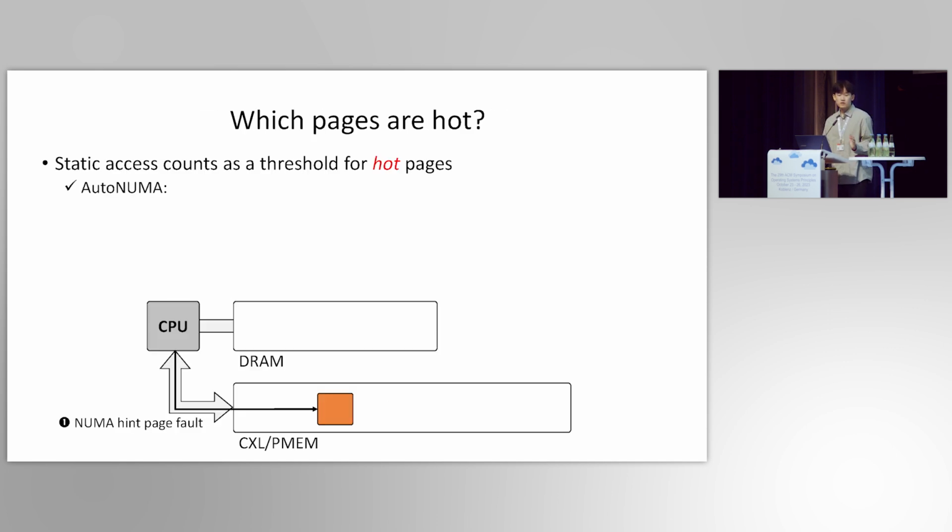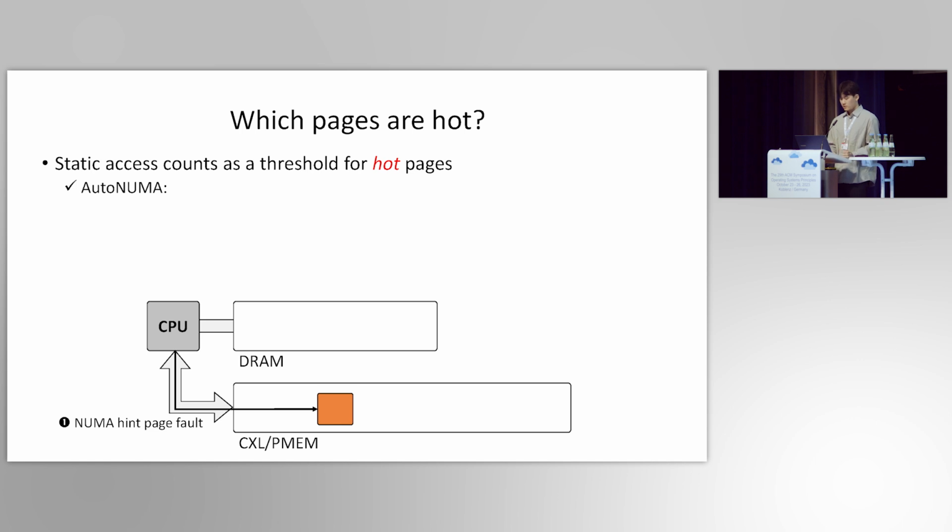In most prior approaches, the hotness threshold is deeply entangled in their design. For example, automatic NUMA balancing in stock Linux scans page tables and sets a protection bit to make further accesses to scanned pages trigger page faults.